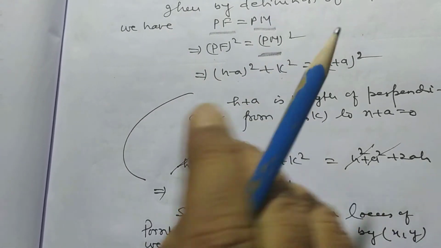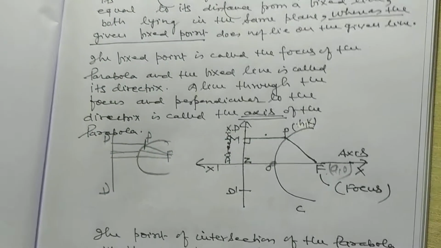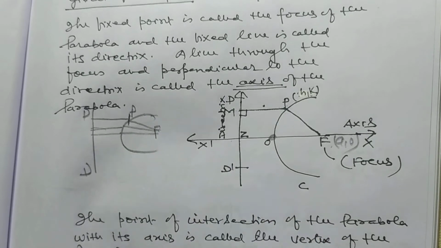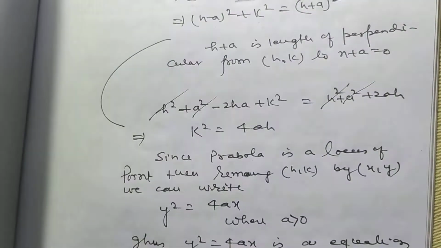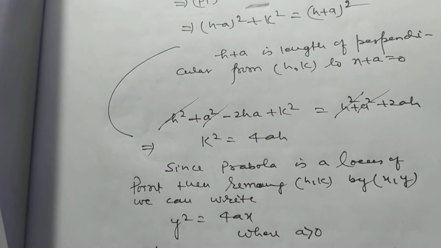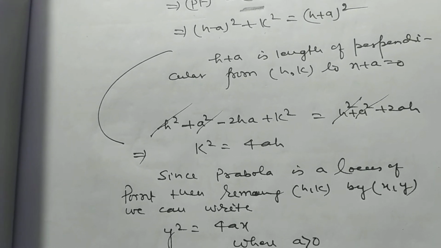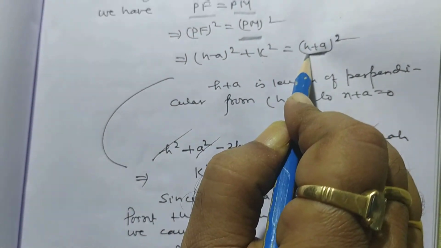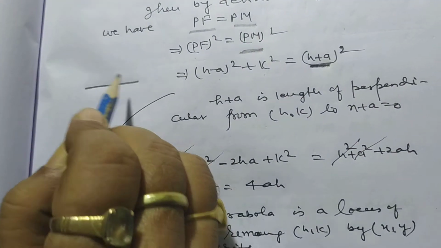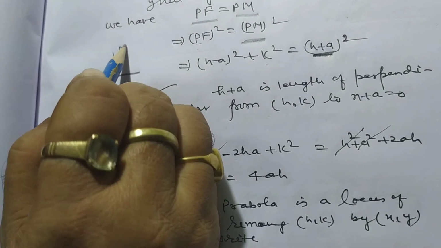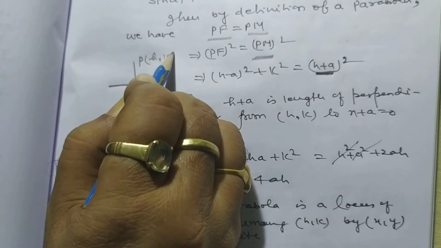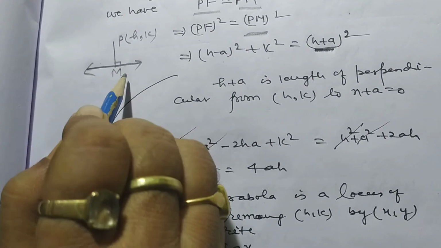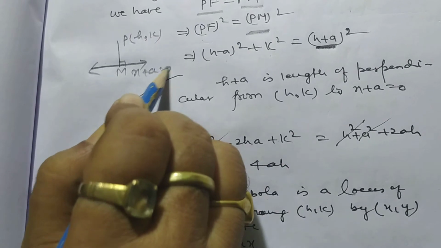And PM is what? PM is the perpendicular drawn from P to the directrix, x equals minus a, that is x plus a equals 0. Suppose this is P with coordinates (h, k) and this is M. The equation of this line is x plus a equals 0.